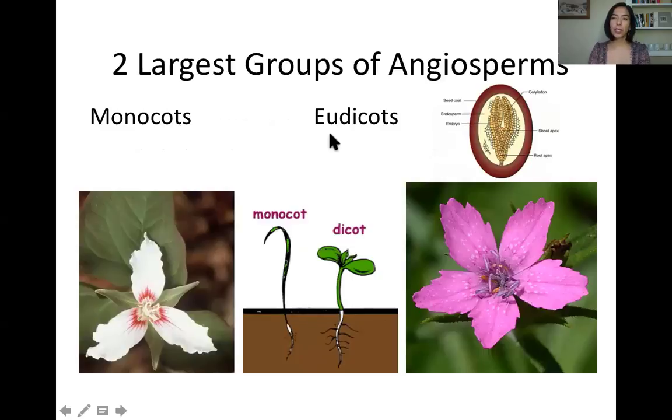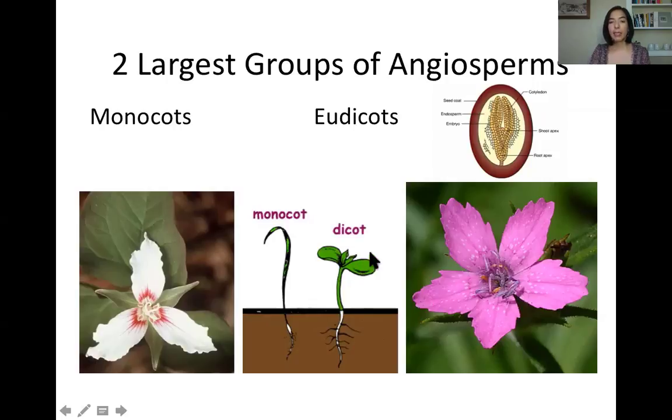So in other words, what we refer to as basal angiosperms, as well as magnoliids and eudicots, all of them have two cotyledons, and therefore they are paraphyletic, whereas monocots only have one cotyledon. So this is a seedling germinating, and you can see one leaf. That's the example of iris or some orchids or maize.